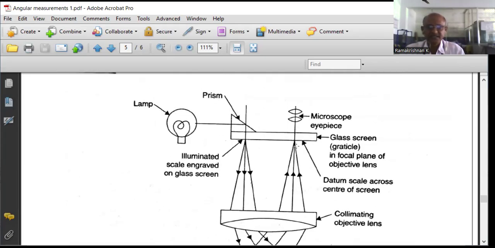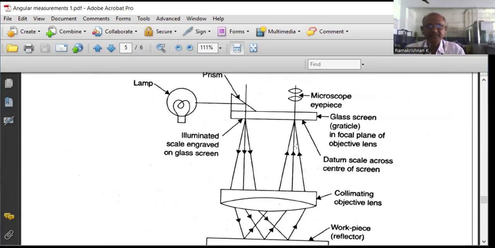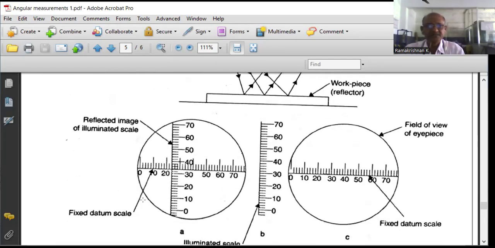The illuminated scale, after being projected by the optical system, is seen tilted exactly 90 degrees to the previous case, and across the illuminated scale there is the datum scale. The two scales intersect at a point. The point of intersection is noted.